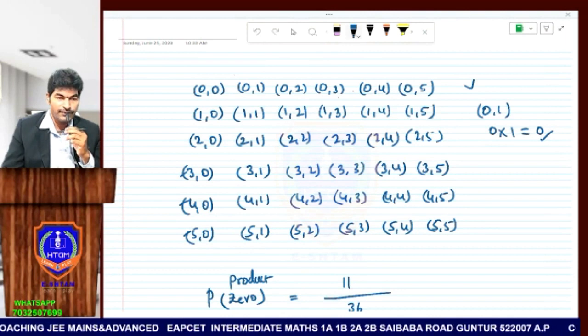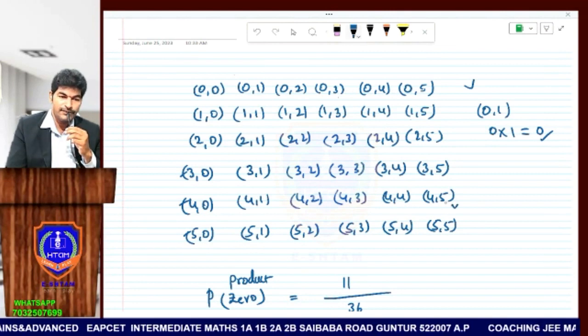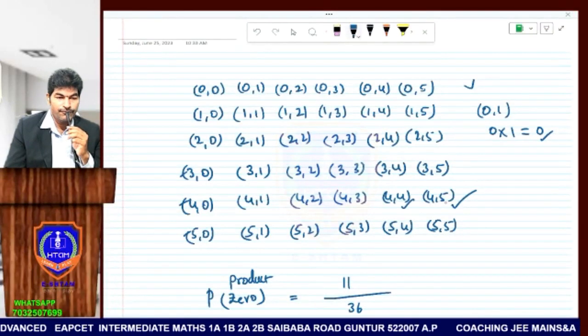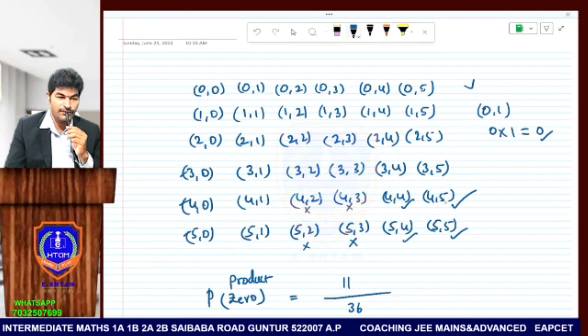1 with 5 is 5 at most, 2 with 5 is 10 at most, 3 with 5 is 15 at most. And look at this, 5 4s are 20, 4 5s are 20. This event is eligible because the product is 20. 4 4s are 16, also eligible, as 16 or more he is asking. 5 5s are 25. 5 3s are 15, not eligible. 5 4s are 20, eligible. 4 3s are 12 and 4 2s are 8, and these are not eligible.